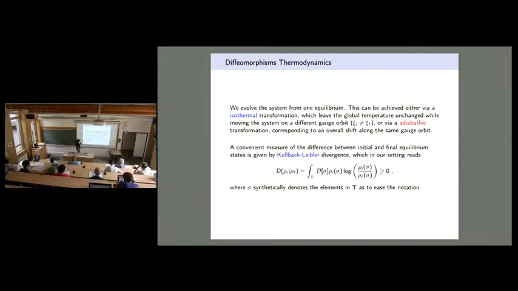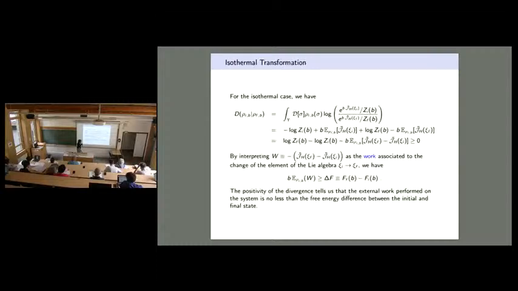If you do that, you compare initial and final states, which are equilibrium, and I give you just two examples. You can do it in an isothermal situation, the standard one, when you leave beta the same and you change the momentum map. Basically what you're changing is the reference frame.